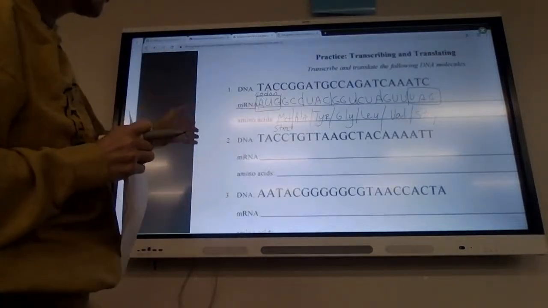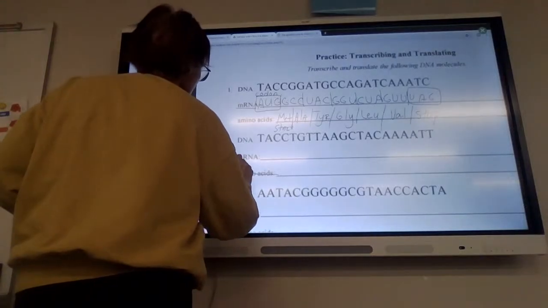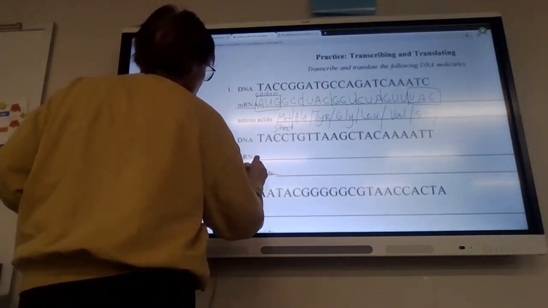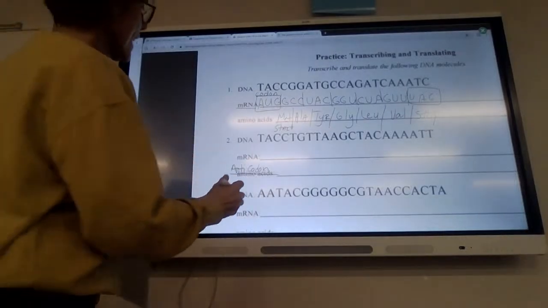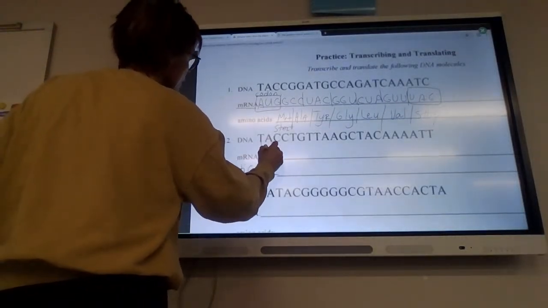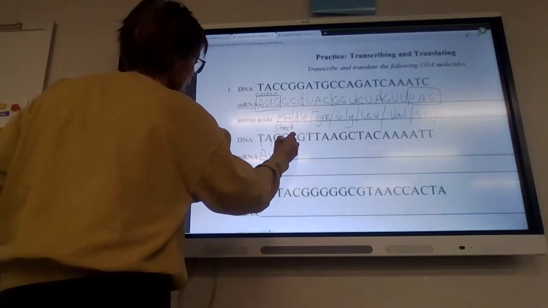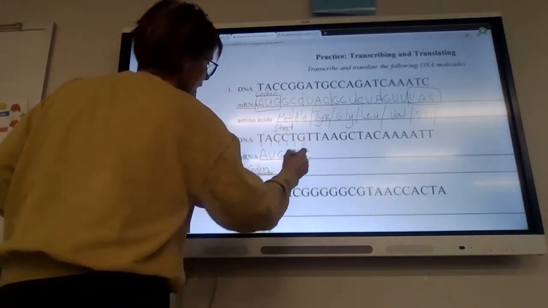So instead of amino acid, I'm going to write anticodon. If I did my messenger RNA, I would have AUG, then GAC.